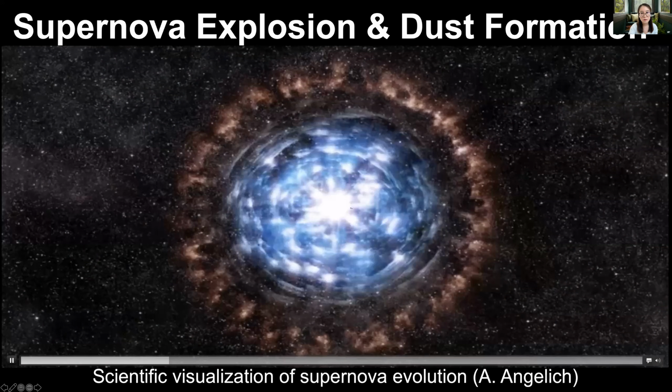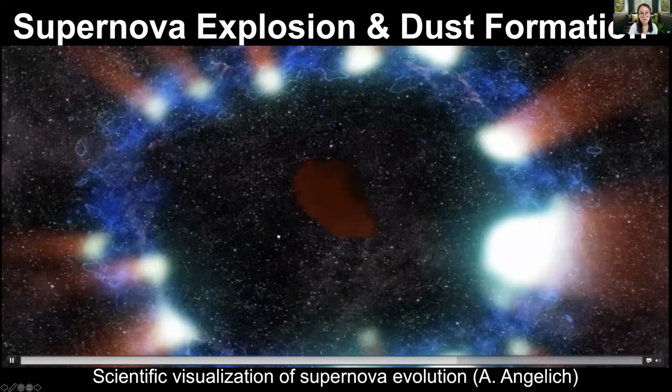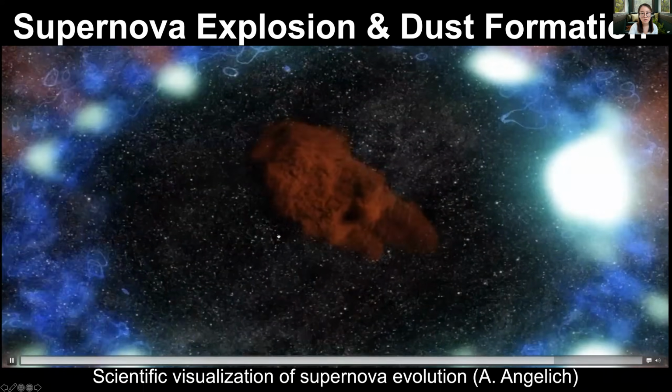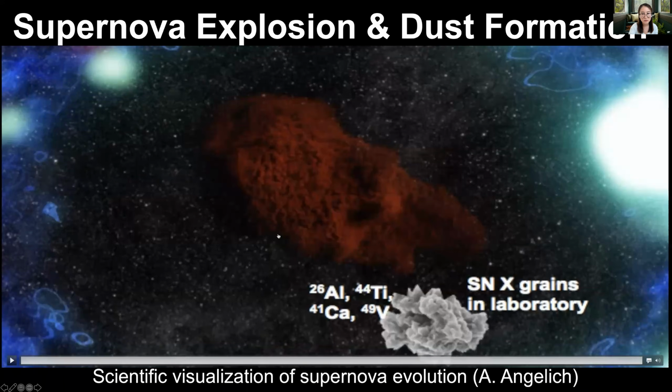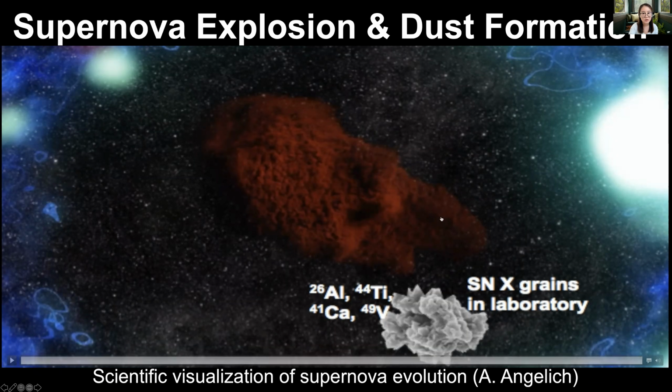In the center, that pristine material cools off from millions of degrees inside the star, and a lot of gas is now condensing into dust grains. Type 2 supernova is a prolific dust producer in the universe, and some of its dust grains carry distinctive isotopic signatures, such as aluminum-26 and titanium-44.